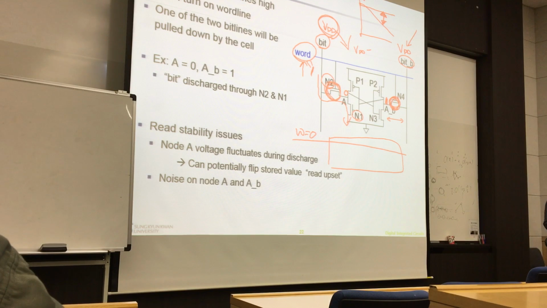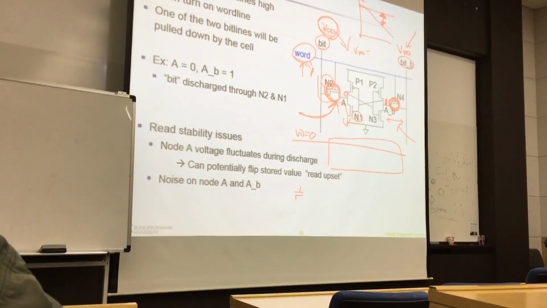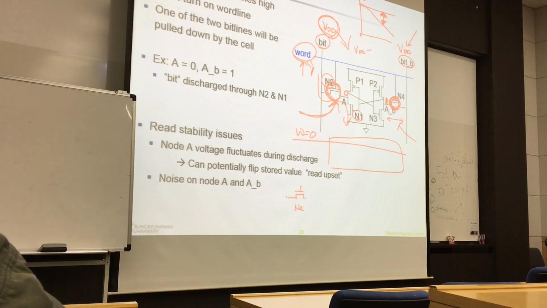and then read it out as digital data. Okay? So here there's another stability issue, which is on this side. Here there's no current flow, so it's not a big deal. But on this side, what you have is N2, and initially you have VDD here, and then you have N1 and ground.